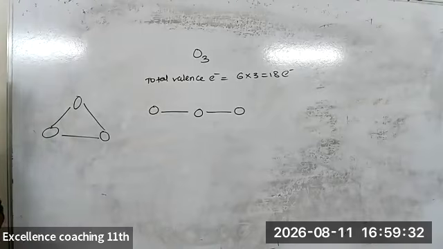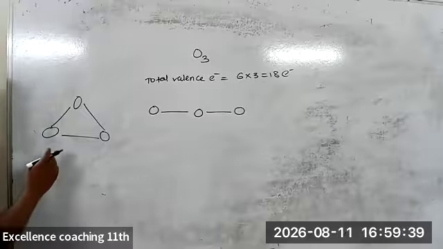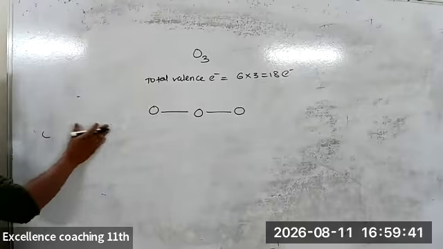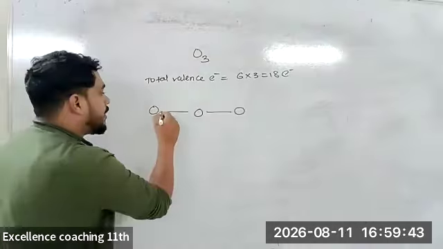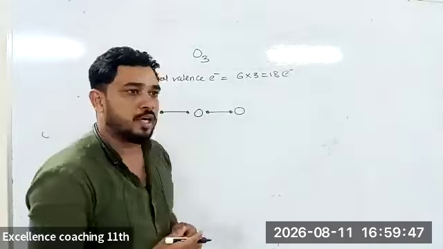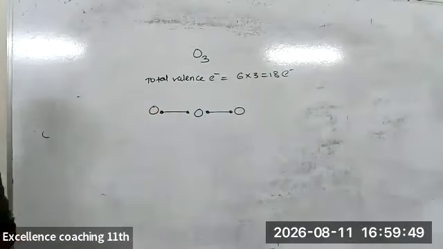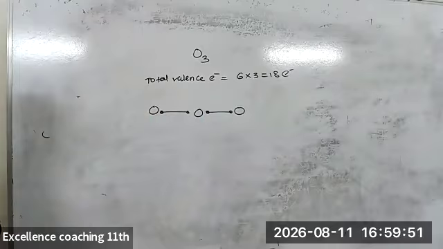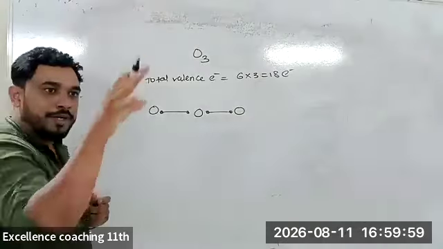Draw the skeleton and join them by single bonds. How many electrons are used? 1, 2, 3, 4 out of 18. 4 are used. How many are remaining? 14 are remaining. But those 14 electrons should be first put where?